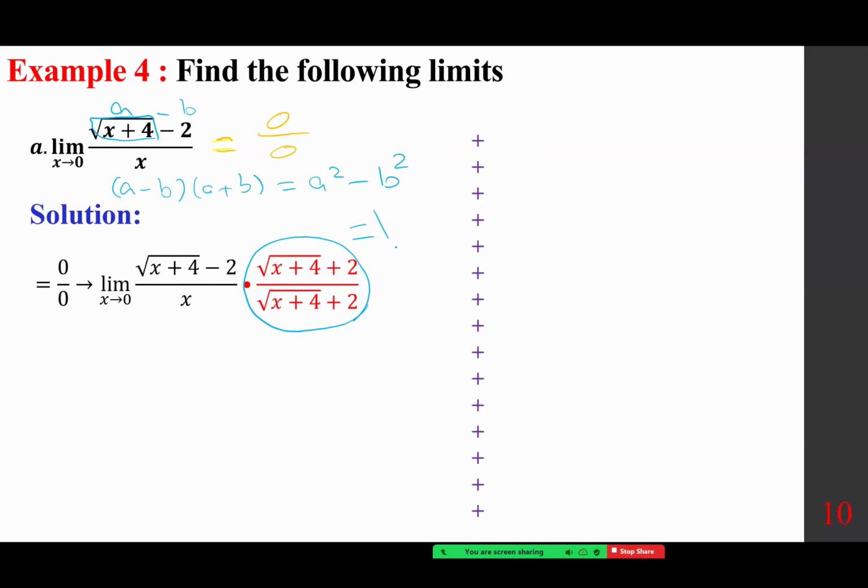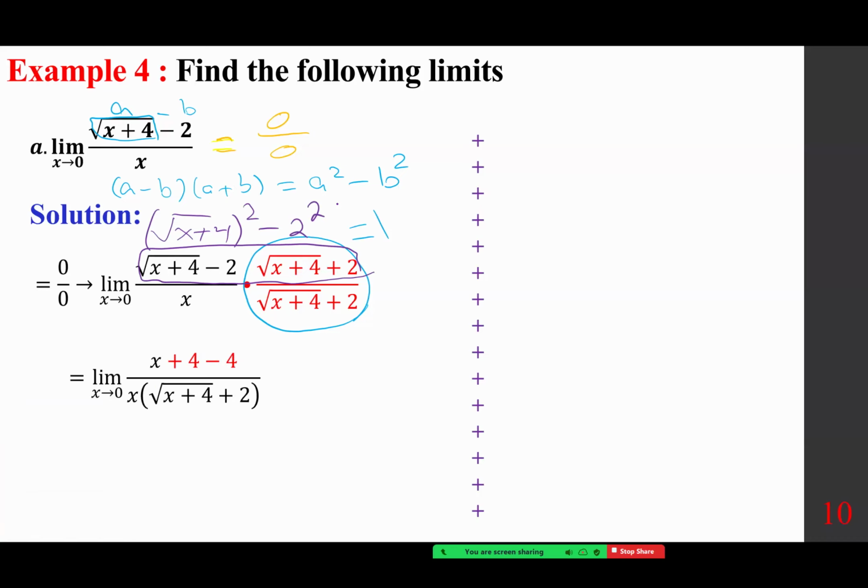So what happens is the result will be square root of x plus 4, quantity squared, minus 2 squared for the numerator. For the denominator, you don't do anything.